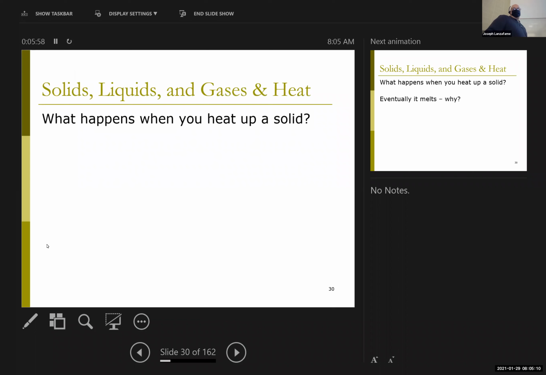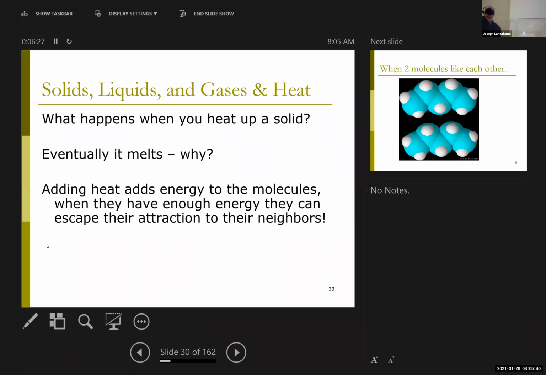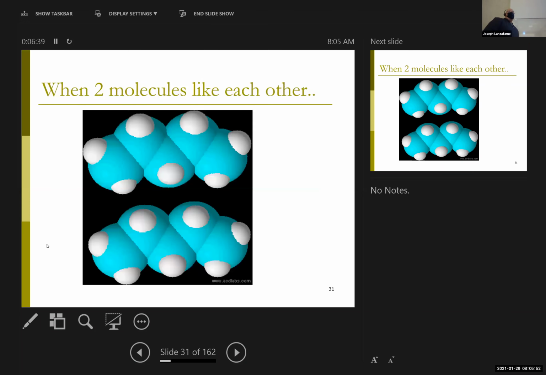And so my phase change is driven not by a change in the intermolecular forces, but typically, because we don't change pressure as readily as we change temperature, my phase changes occur as a result of a temperature change because I've added energy, specifically kinetic energy, which causes the molecules to move faster. If that is enough for them to overcome the attraction to the other molecules in the system, they are free of the other molecules. And so you go from solid to liquid to gas, depending on how free you are.